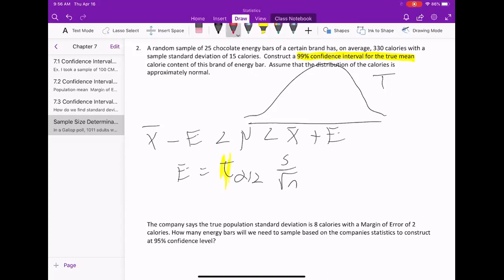So we have a t, so I draw my limits. I put in a 99%. Therefore, my tails are 1%. So that means there is 0.5% in each tail.